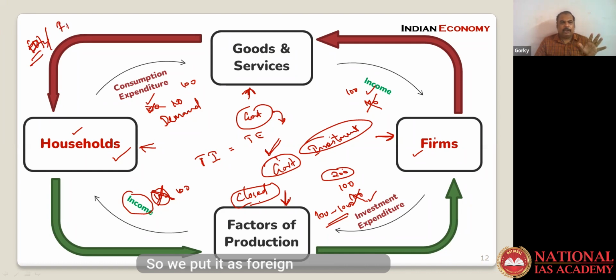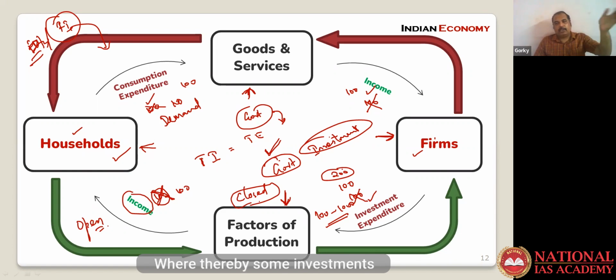So we put it as foreign investments. Okay. So from a foreign country, some investments have been pulled in. Then that type of economy is called an open economy. Open economy means this economy will be linked to some other external economy, where some investments and other aspects can come in. That will be called an open economy.